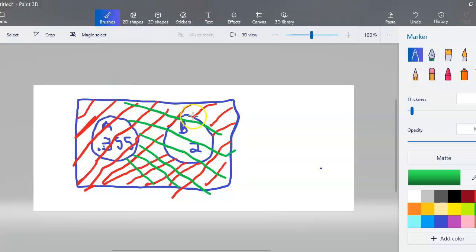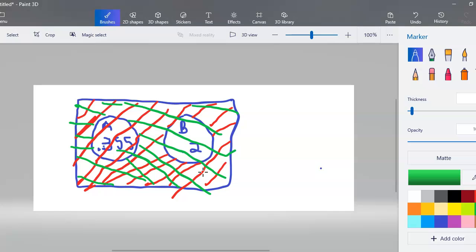Not straight or pretty, but that's okay. Okay, so there's our A complement.